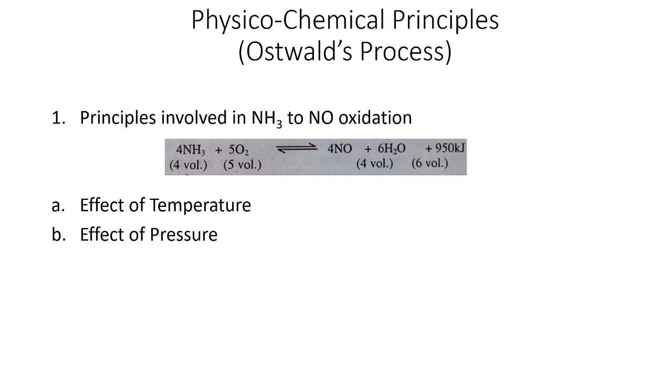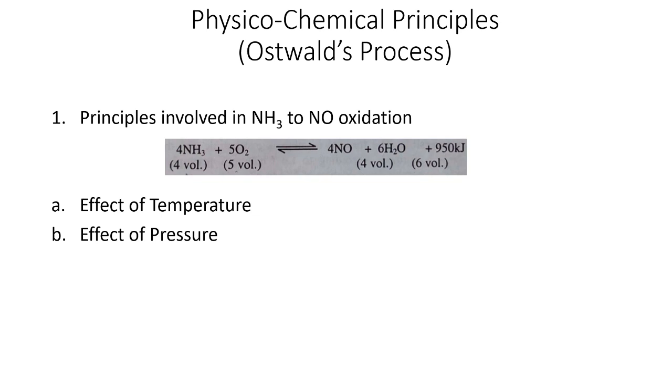Now we'll see the effect of pressure. Here the reactant volume of gases is 9, whereas the product is 10. The forward reaction proceeds with a little increase in volume, and the backward reaction proceeds with a little decrease in volume. So if you increase the pressure, equilibrium will shift to a small extent to the left, decreasing the yield.